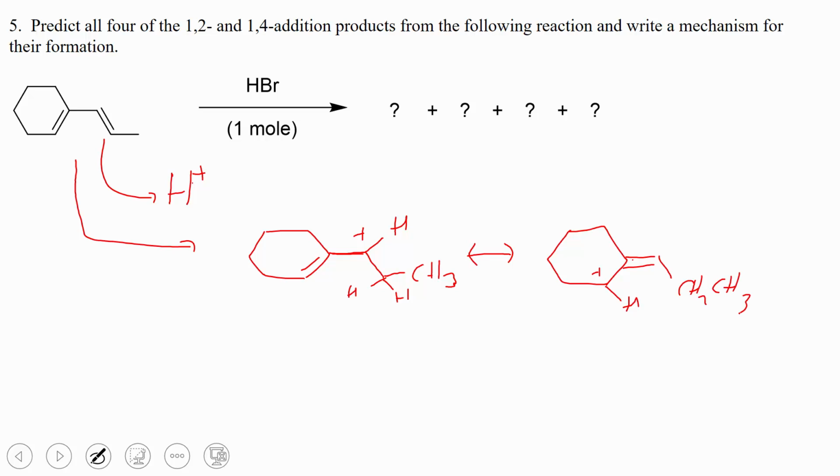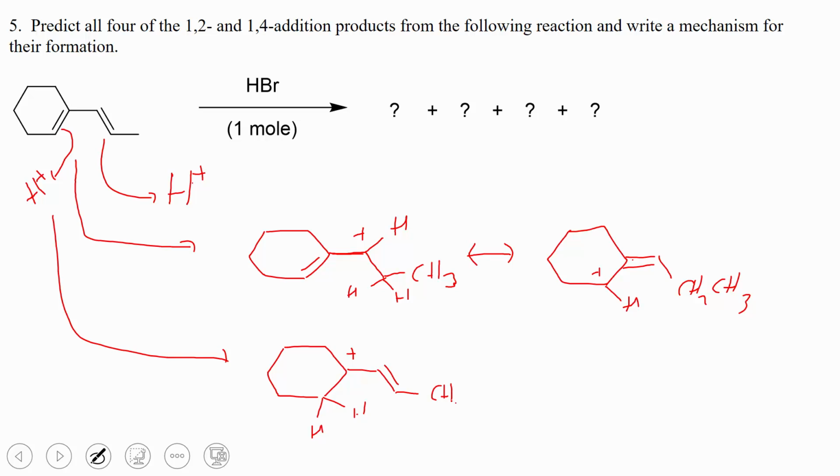Okay, we can also protonate the other alkene group. And this gives us initially this carbocation right here. It's also an allylic carbocation.